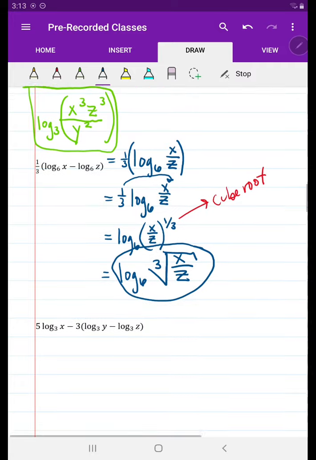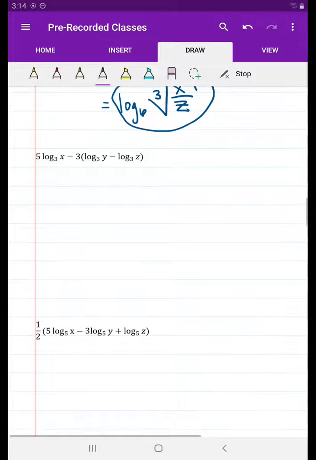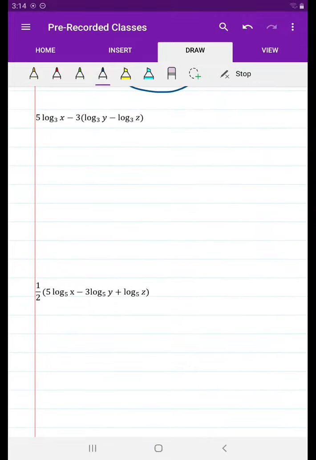Alrighty, so now we can take care of this next example in the same way. We can deal with our parentheses first before we deal with what's outside of them. So let's see, if I have 5 log base 3 of x minus 3, and then I can combine my logs on the inside.